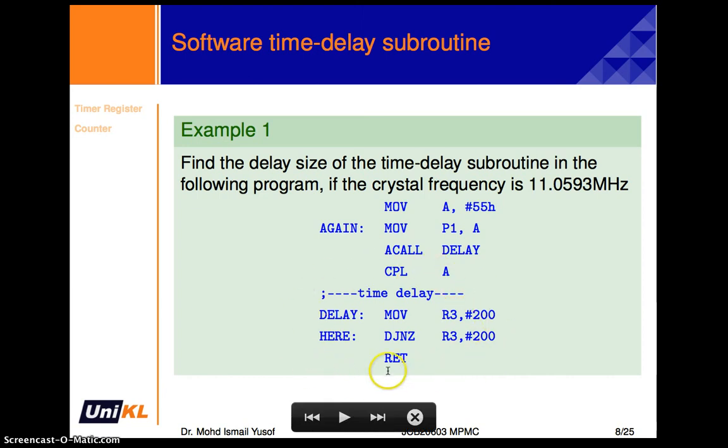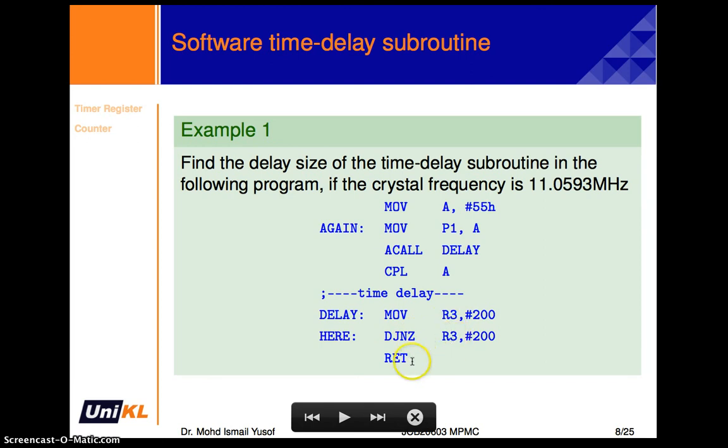This question is asking us to calculate the time delay of the subroutine. Here, MOV R3, #200 moves the value 200 to R3. Bear in mind that 200 here is a decimal value that will be put in R3, and then DJNZ R3 is a decrement and jump if not zero, and then return.